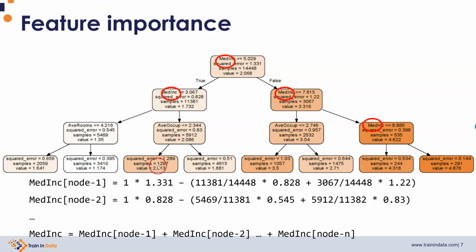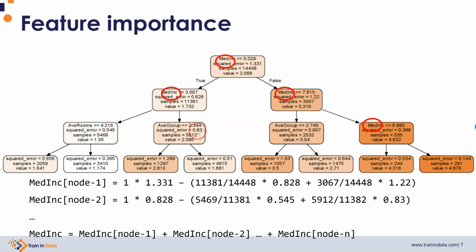And we're going to subtract from this impurity the impurity of the left and the right node, which is going to be given by the number of observations in the left node divided by the parent node, this value here, multiplying the squared error. And for the right node, it will be this number of observations divided by the observations in the parent node, multiplying the squared error.